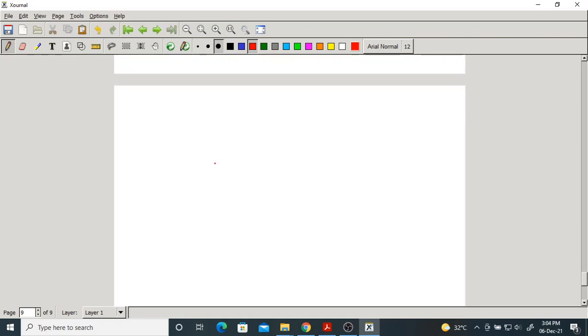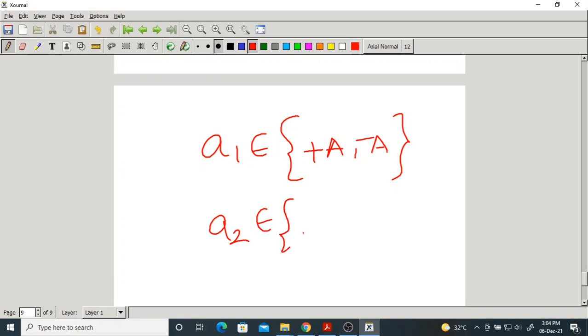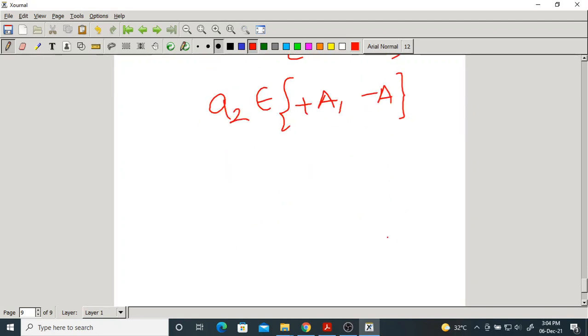So a1 belongs to plus a, minus a, a2 also plus a, minus a. Now if m equal to 4, that is called 4 QAM.